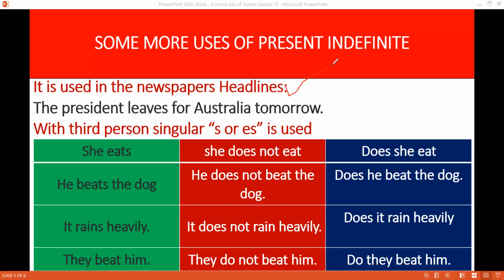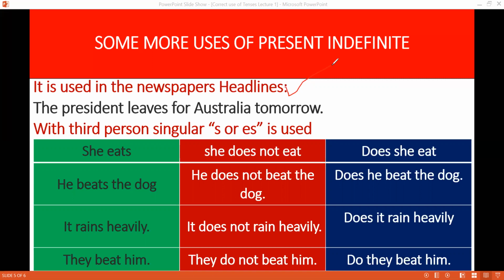And we also use present simple for the future events which are definite or scheduled. The president leaves for Australia tomorrow. Actually, it should be president will leave for Australia tomorrow. But present simple is used where something has been scheduled.